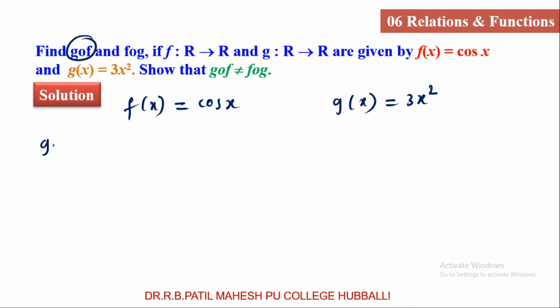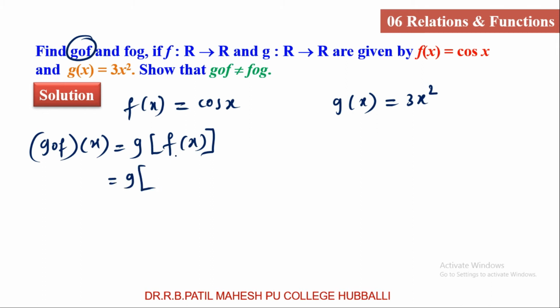G composition F of x is equal to G of F of x according to the definition. Dear students, G will be as it is. What is the F of x function? That is cos x. So here what I will do, I will take G of k just for understanding purpose, where k is equal to cos x.